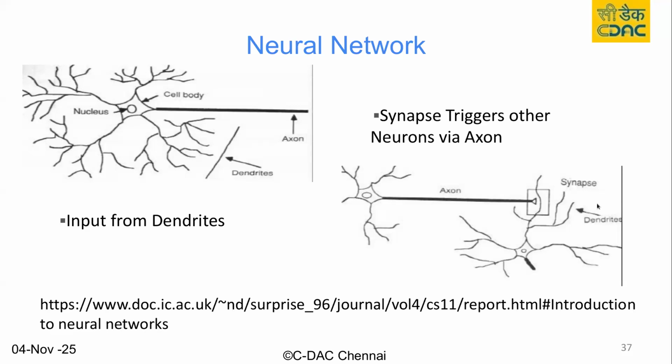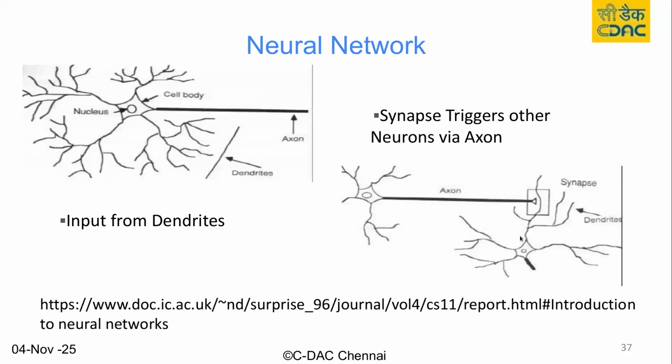This communication from one neuron to a neighboring neuron takes place only if the electrical signal amplitude is above a particular threshold. If the amplitude is above 50, then the neighboring neuron gets fired. If it is less than 50, then the neighboring neuron does not get fired.